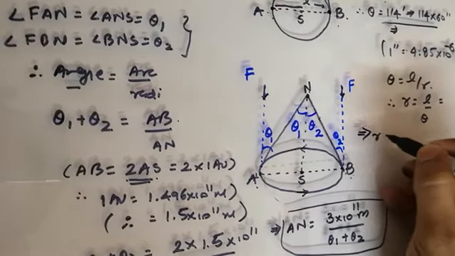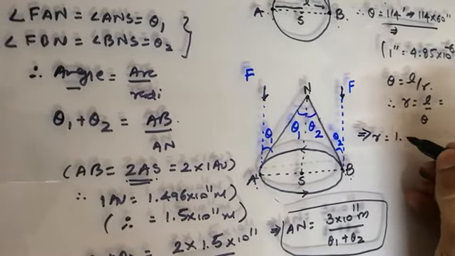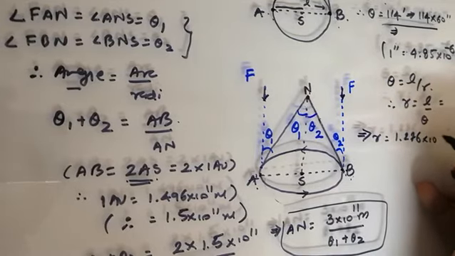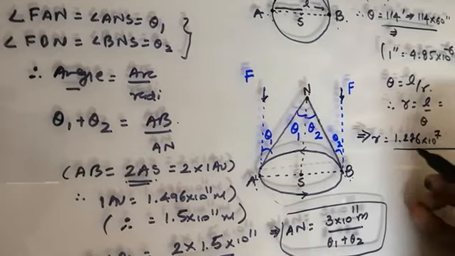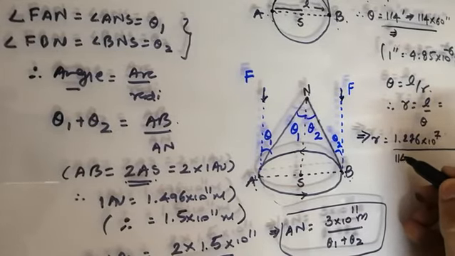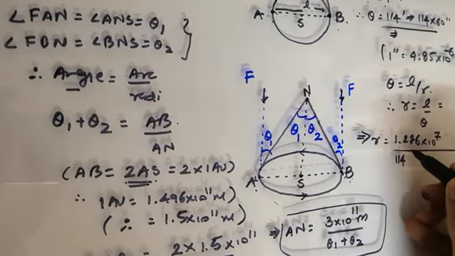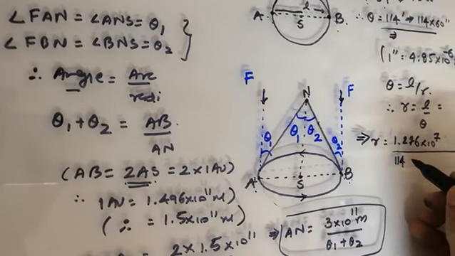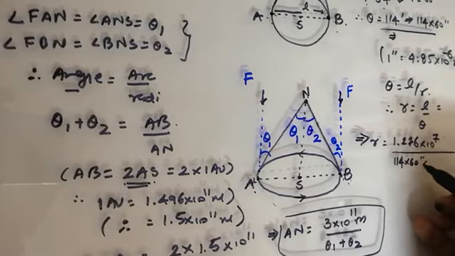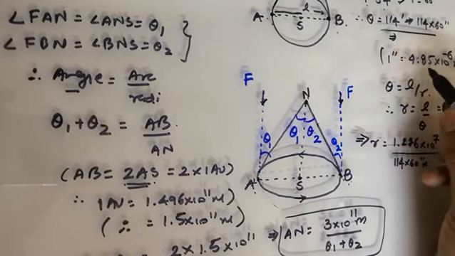So putting those values, R equals L, which is 1.276 × 10^7 meters, divided by theta, which is 114 minutes converted into seconds. So I multiply 114 by 60 seconds by the 1 second value, 4.85 × 10^-6.